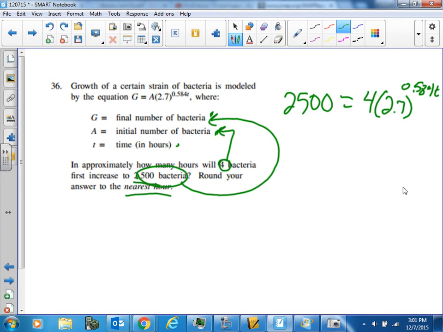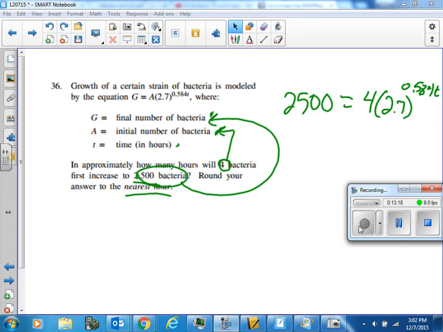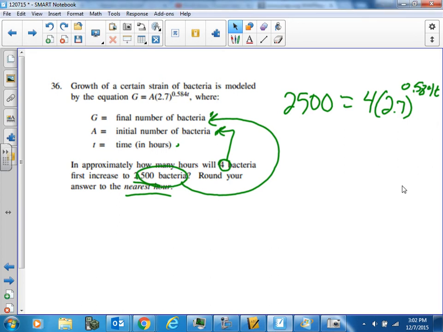All right, what you have now is an exponential equation. The reason we know it's an exponential equation is because the variable is in the exponent. So we can do a couple things here. I would suggest you sit back and try it before you just watch me do it. Okay, hopefully you tried it. First thing you'd want to do is divide both sides by 4.